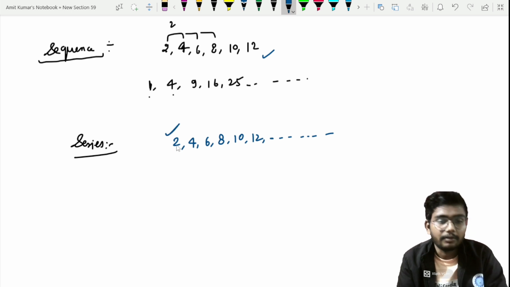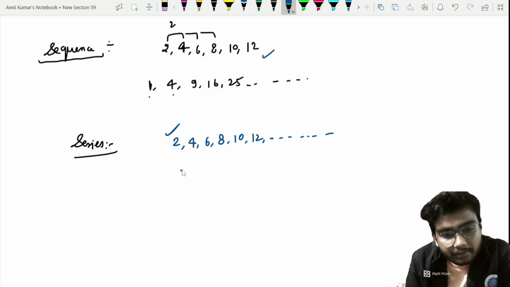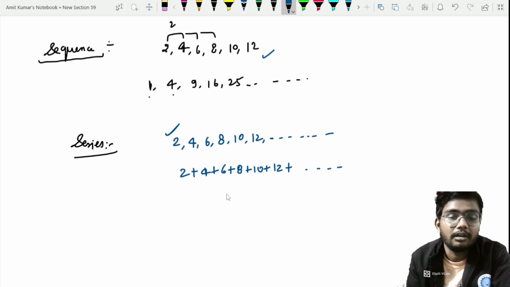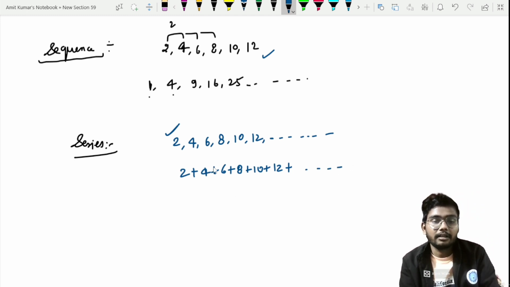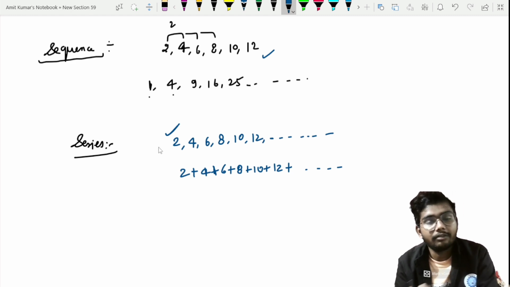But if we use a plus sign or a minus sign, let's suppose a plus sign, we can write 2 plus 4 plus 6 plus 8 plus 10 plus 12 plus dot dot dot up to infinity. This is called a series. So in a sequence, if you use a plus sign or minus sign, that is called a series.